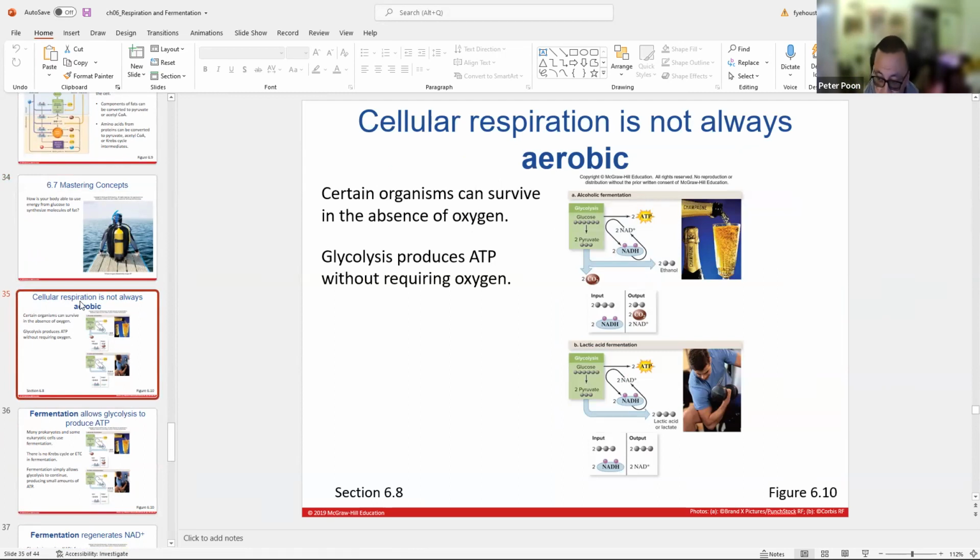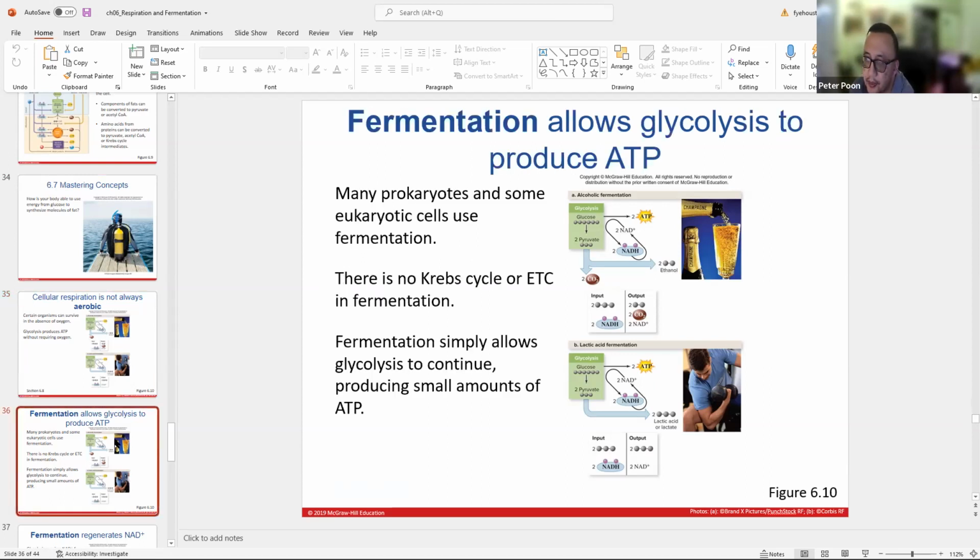Glycolysis produces ATP without requiring oxygen, but it makes very little. That process is called fermentation. Many prokaryotes and some eukaryotes use fermentation. In fermentation, there is no Krebs cycle or electron transport chain. Fermentation simply allows glycolysis to occur over and over again, and that produces small amounts of ATP.